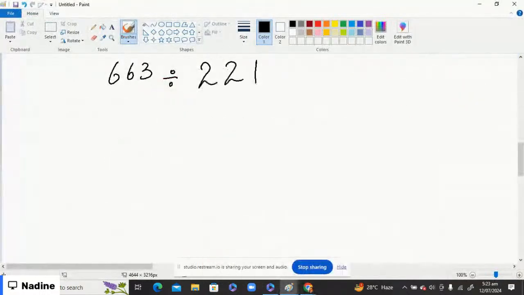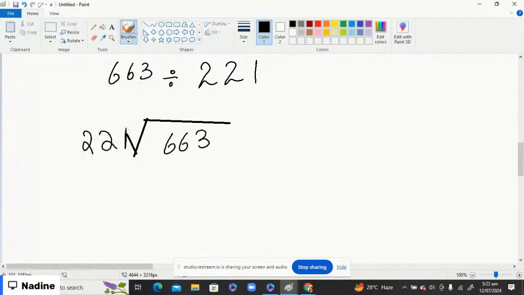All together, everyone. So just putting inside of the 663, and then it's 221. Solve everyone and then tell me the answer in the end. Do it.